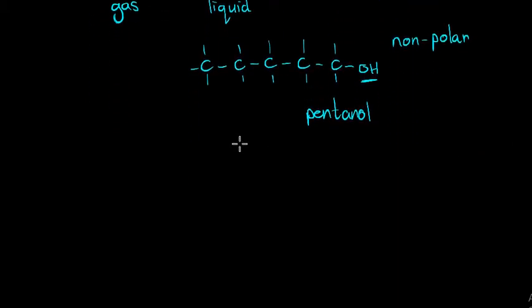So let's look at a very common example, glycerol. Glycerol is its common name. Glycerol has 3 hydroxyl groups combined here. So obviously you can see this is definitely polar, because all 3 of them are polar.